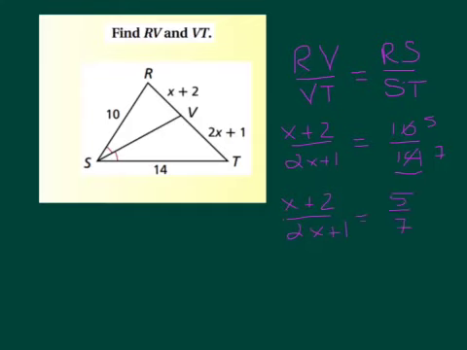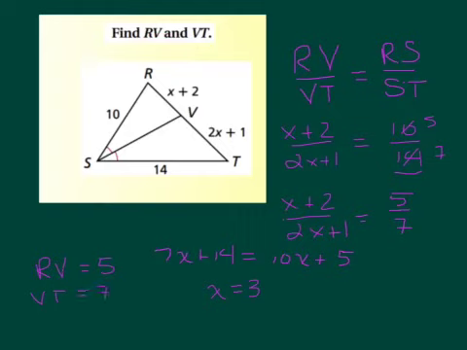So when we cross multiply, we have 7x plus 14 equals 10x plus 5. So when we combine like terms, we get x equals 3. Great. So when we plug x back in, we get RV equals 5 and VT equals 7, which makes sense.